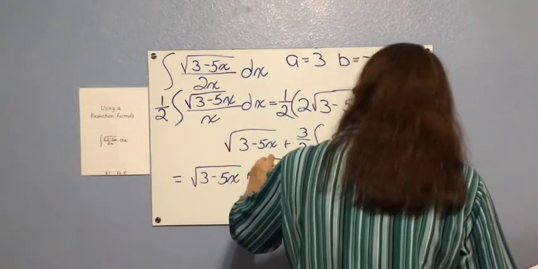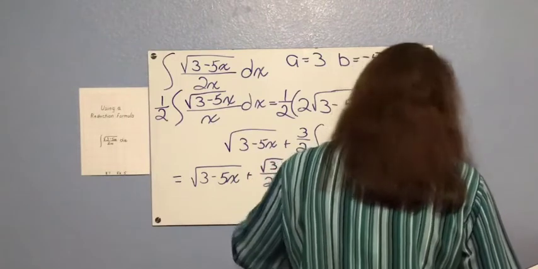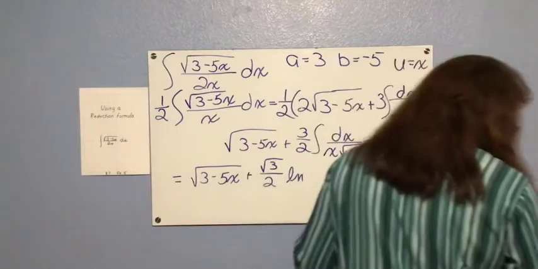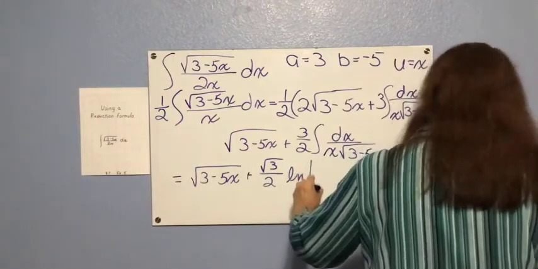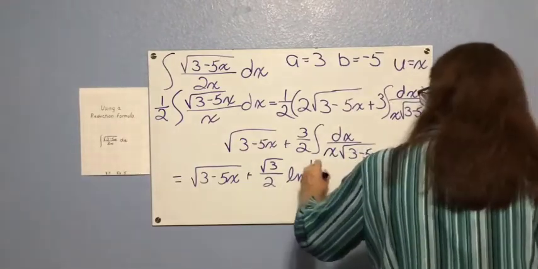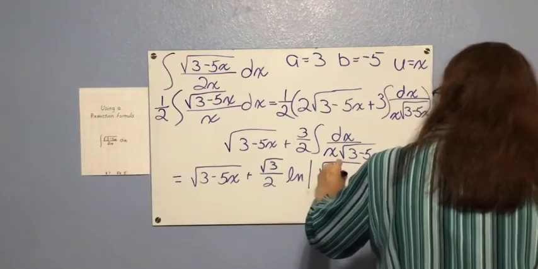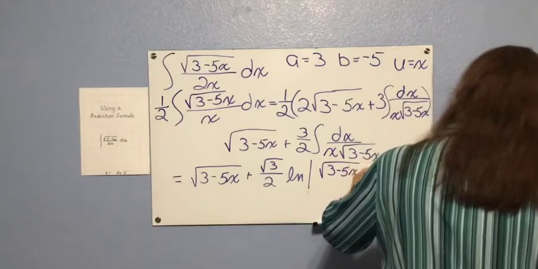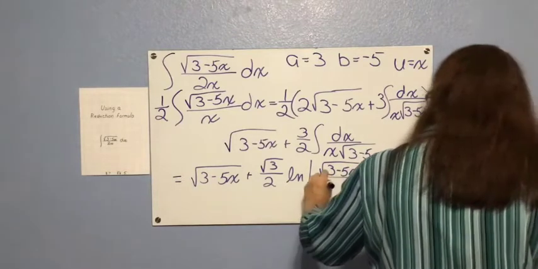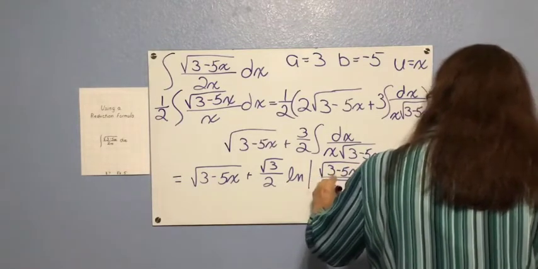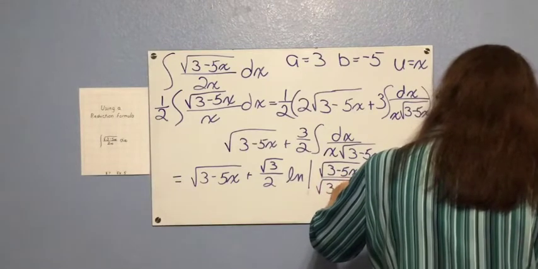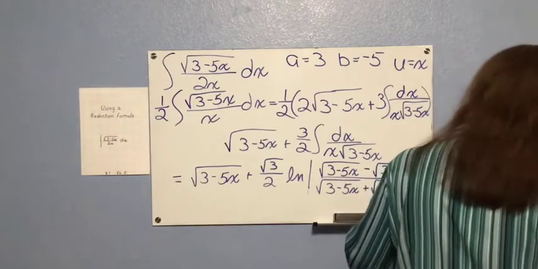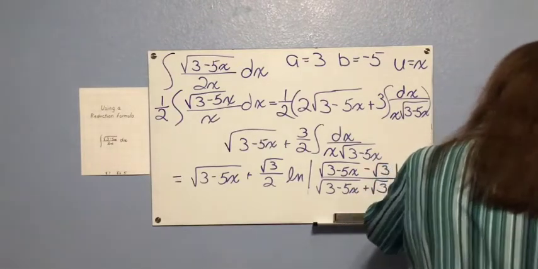Plus the square root of 3 over 2 times the natural log, absolute value, square root of 3 minus 5x minus square root of 3 over square root of 3 minus 5x plus square root of 3, plus a constant.